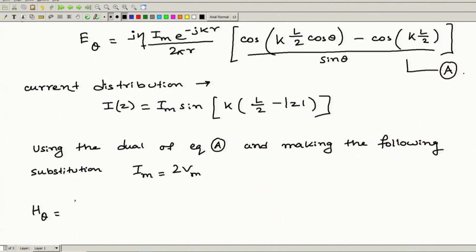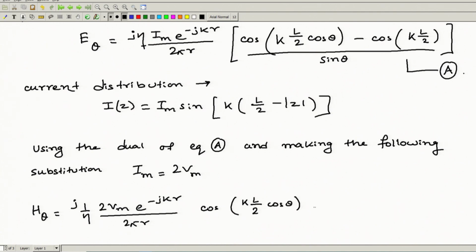In place of j we will have j, in place of eta we will have 1 upon eta, and in place of Im we have twice of Vm. So H theta is e to the power minus j k r upon 2 pi r, cos of (k l by 2 cos theta) minus cos of (k l by 2), upon sin theta.